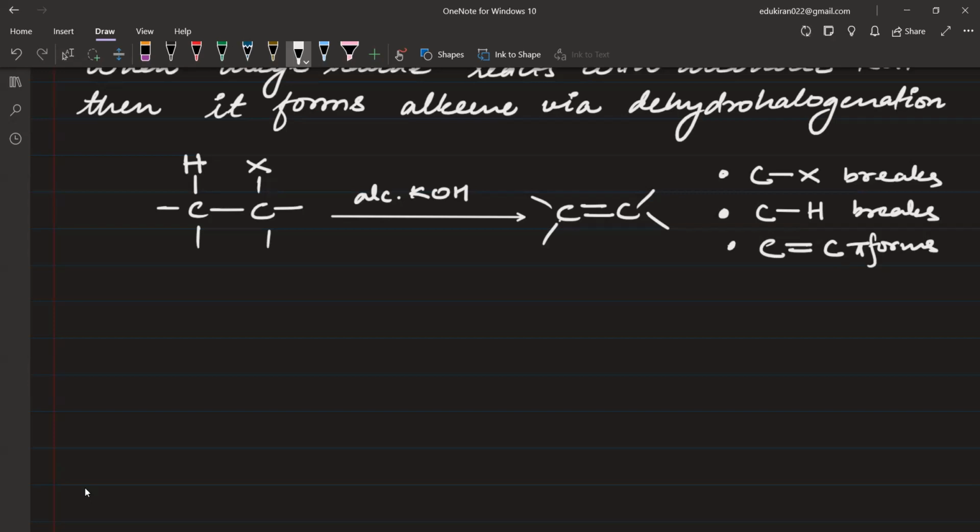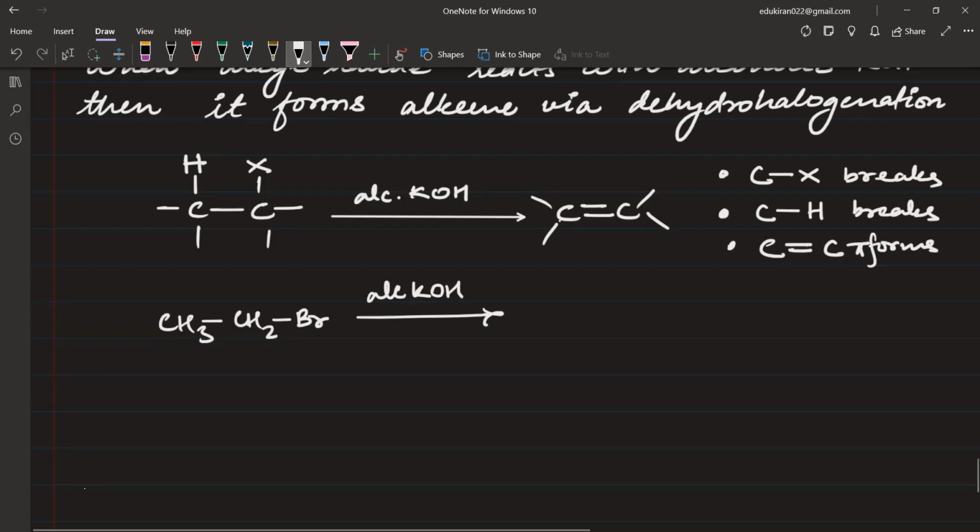For example, if I take a case like this, CH3CH2Br. Now you have alcoholic KOH. What you have to do? First of all, where your eyes should go, practice that. It is a very simple step. If you try to memorize it directly, then you will make mistakes. So please remember how you have to look at the molecule.